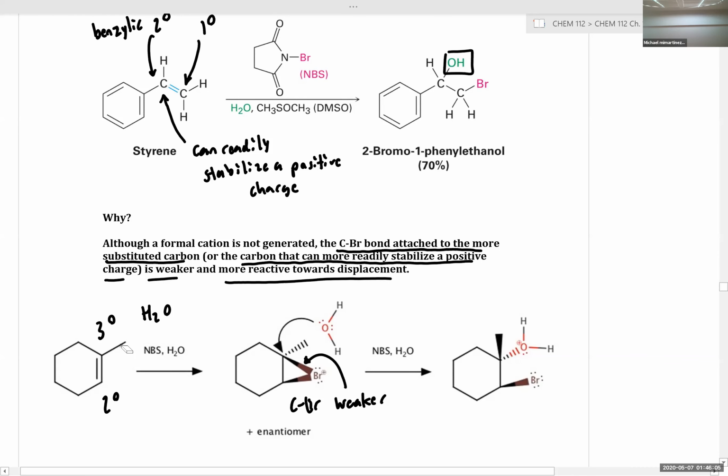It's just the fact that this intermediate, the carbon-bromine bond, is weaker when it's attached to a carbon that can readily stabilize a positive charge. We don't see any weird carbocation shifts in these reactions, and that's what makes them particularly useful. We get Markovnikov selectivity without having to go through a carbocation intermediate.